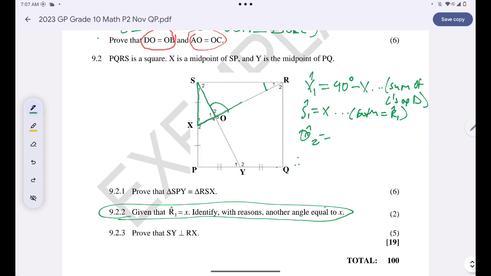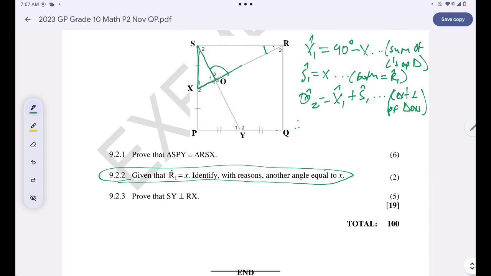So angle O2 will be equal to angle X1 plus angle S1. This is an exterior angle of triangle OXS.